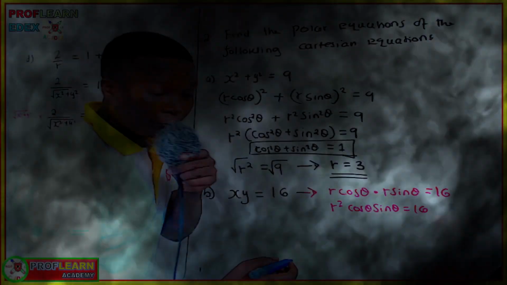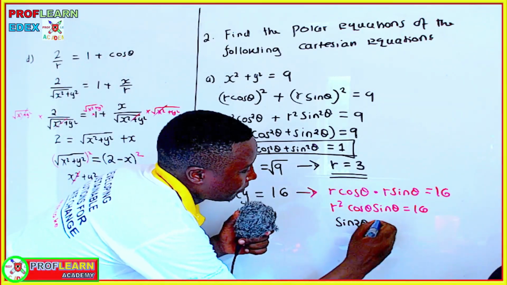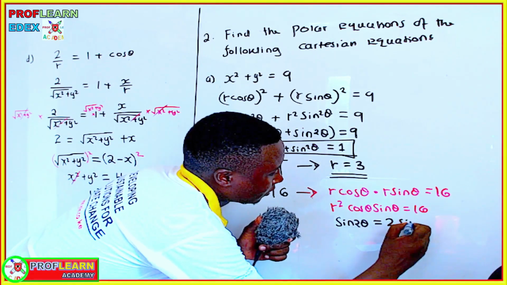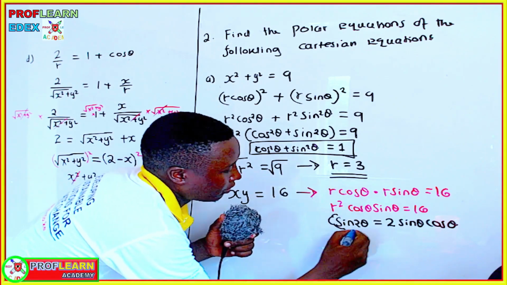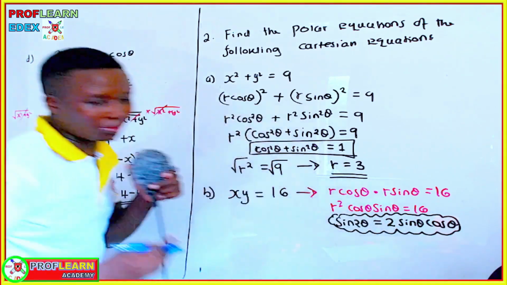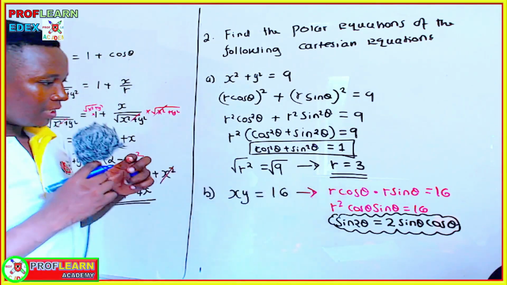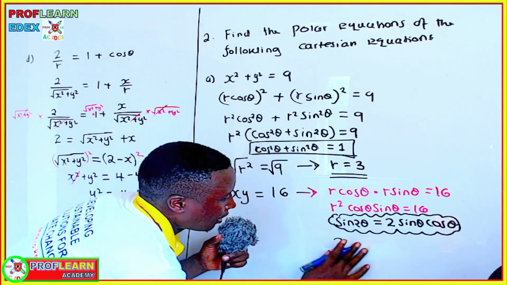In the double angle formula, remember that sine 2 theta is actually 2 sine theta cos theta. So this formula here is going to enable us to reduce this equation that we are having here.